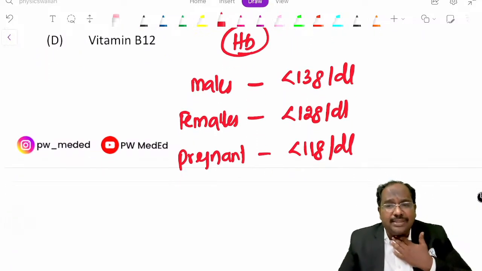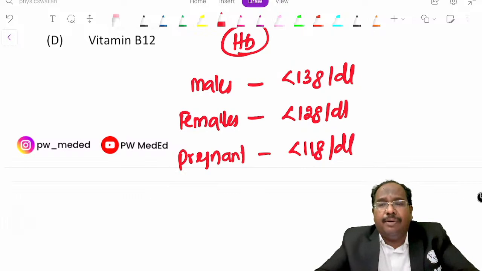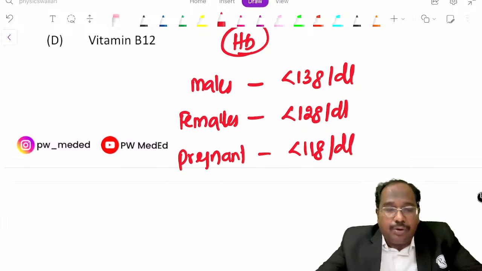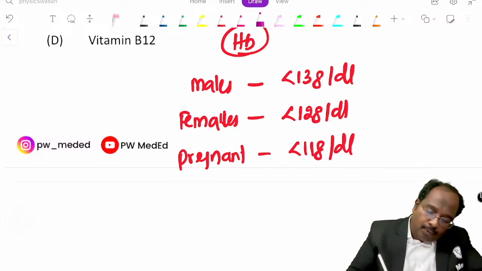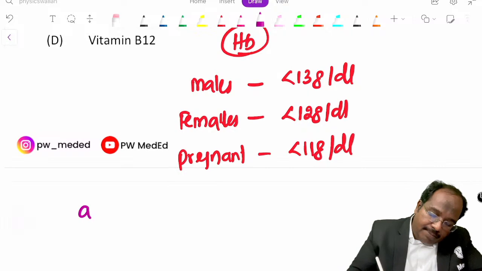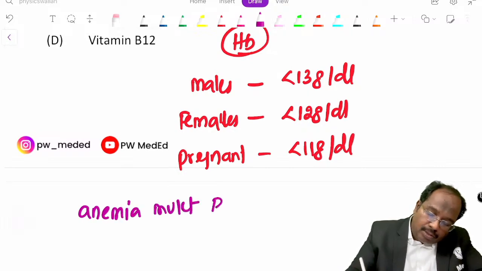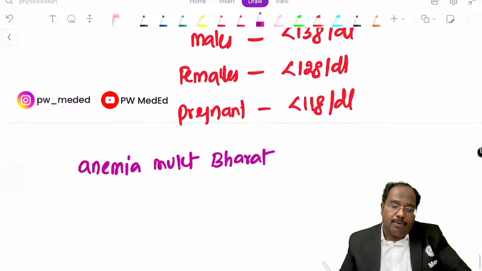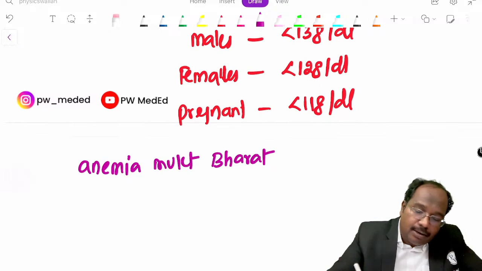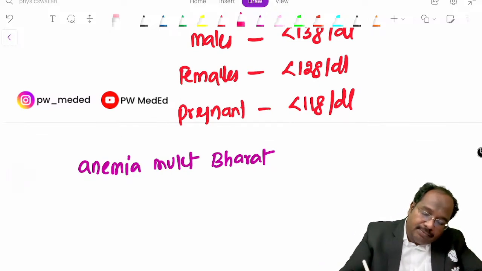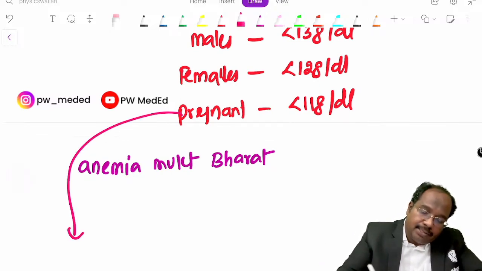Now what is the name of the program that focuses on reducing iron deficiency in India? Yes, we have a program called Anemia Mukt Bharat. In this program we are providing iron for pregnant mothers.